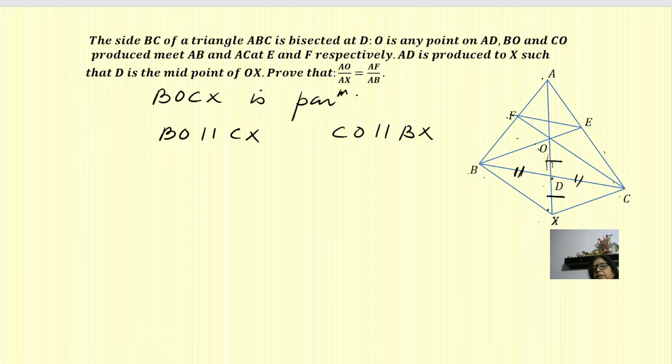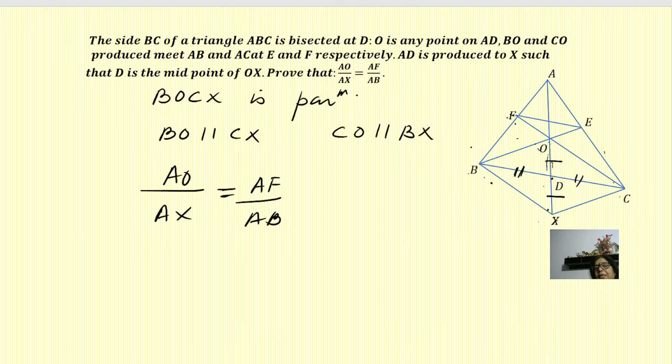So considering the triangle ABX, we have here OF is parallel to BX. So we can categorically state that triangle AOF is similar to triangle AXB. So I can write down AO by AX is equal to AF by AB.